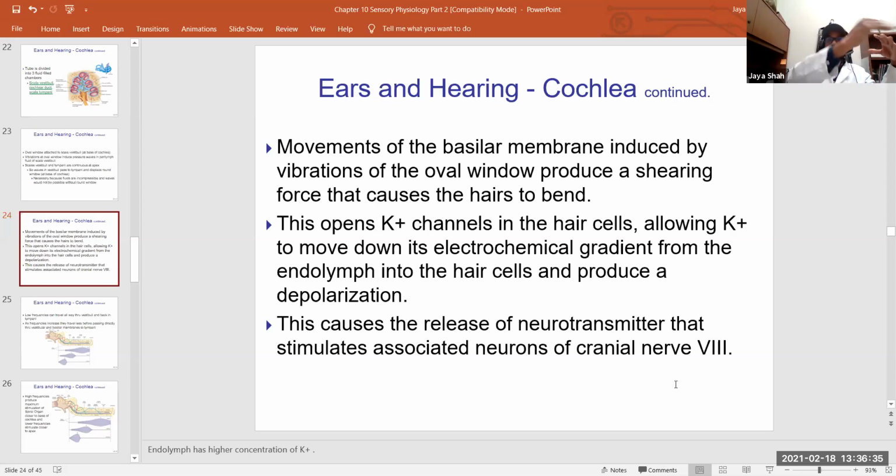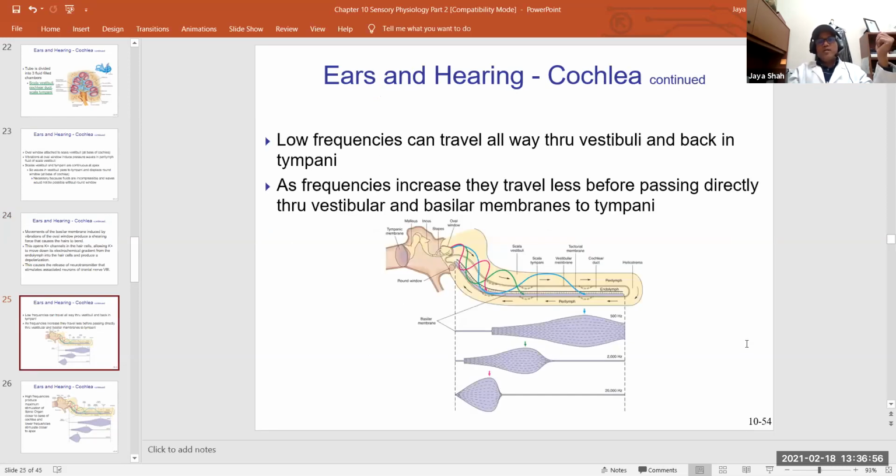So potassium gets inside, and that potassium depolarizes the hair cell receptors. Then the hair cell, due to depolarization, releases neurotransmitter that stimulates associated neurons of the cranial nerve, which is the eighth cranial nerve, the cochlear nerve. And that's how you hear the sound.